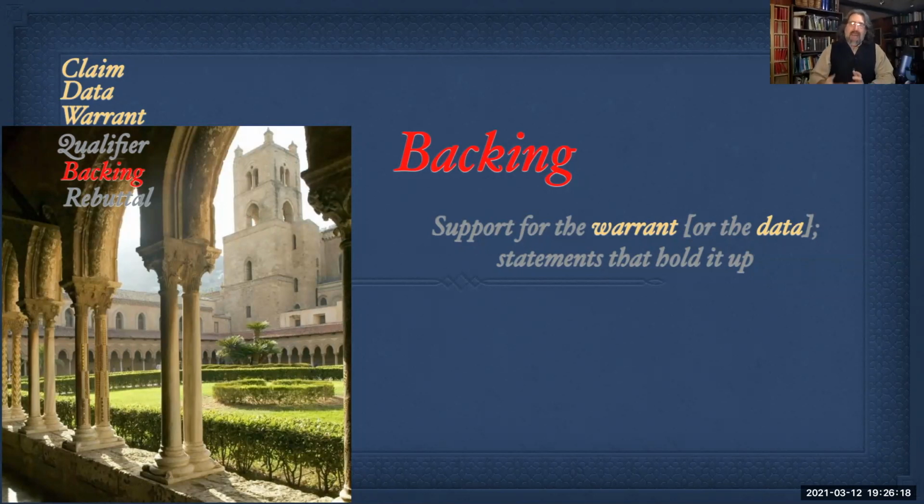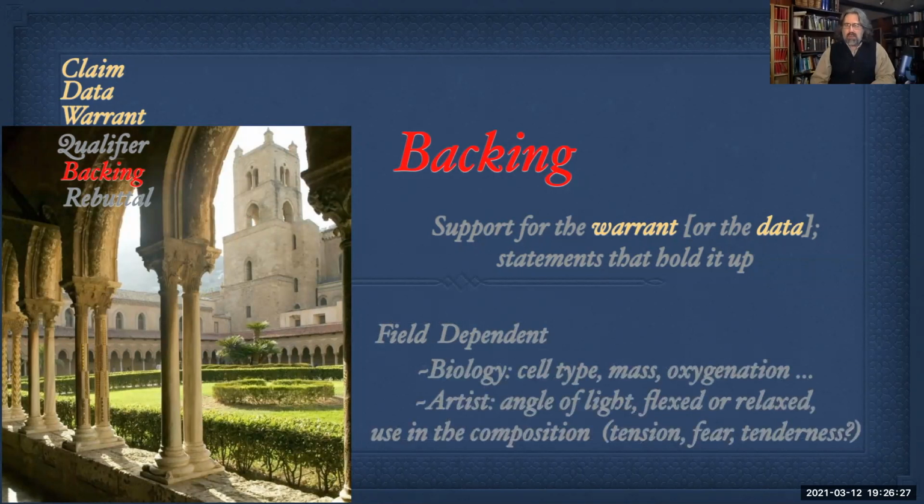Now, backing is often very field dependent, and we've hinted at this term before. We've talked about field dependency, meaning that there are reasons that make sense in one arena, but they wouldn't work. There'd be inappropriate reasoning in a different arena. So if we raise the question, what's the best way to portray a muscle? How do I best understand a human muscle?